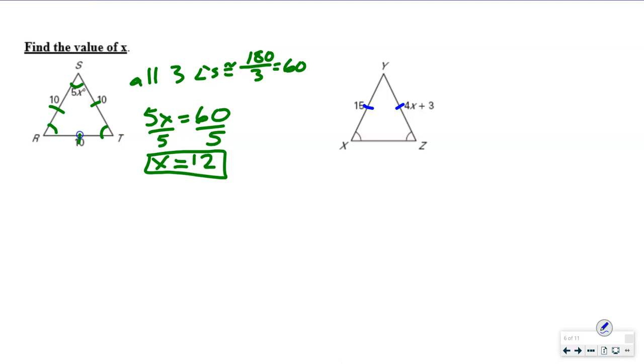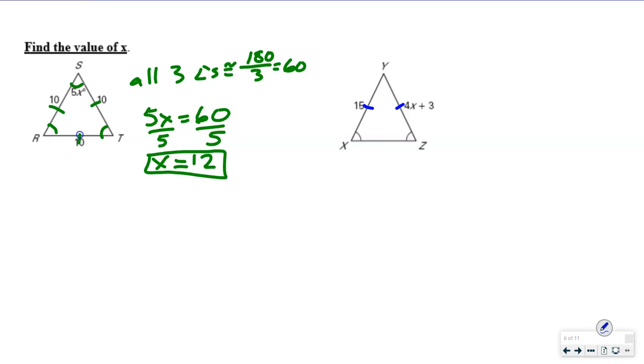Now, one thing to note with base angles, where these congruent angles or congruent sides, the angles do not have to be on the bottom. I can turn a triangle whatever way I want. I could turn it so that the side with 15 is on the bottom, and x and z are still going to be congruent. I can still call my base angles theorem to get those sides marked congruent.